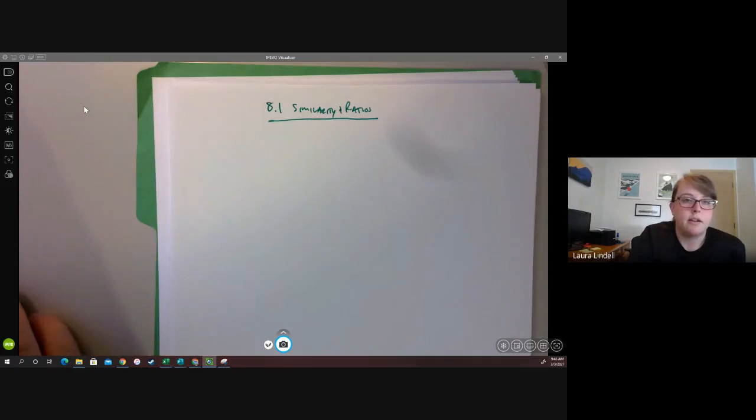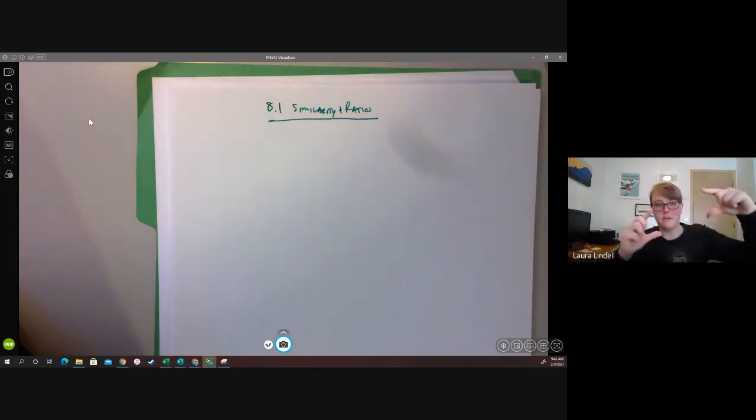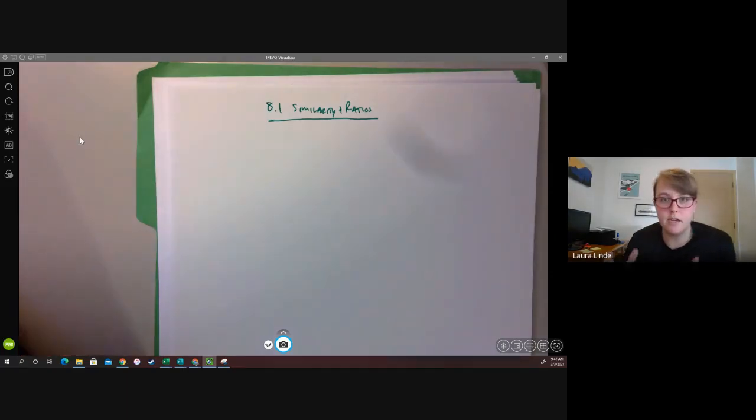Like that analogy we used back then, if you got a picture in a Google Doc or something and you drag the corner to make it bigger or smaller, it's still the same picture and it still keeps all the same proportions. It's just larger or smaller. That's what we mean when we talk about similarity.